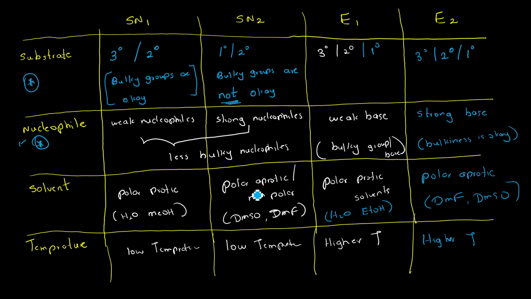Let's say you have a very bulky nucleophile, but you are giving a high temperature. With a very bulky nucleophile, you cannot go with substitution. Not at all.